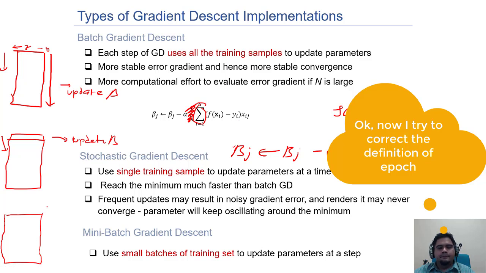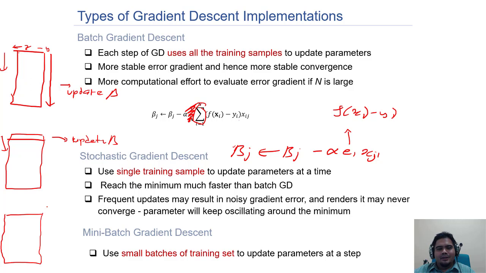Sorry, one epoch is not one complete cycle, I forgot to mention that. One epoch is when you already complete the whole 1000 samples during your training. Just go back to this slide.